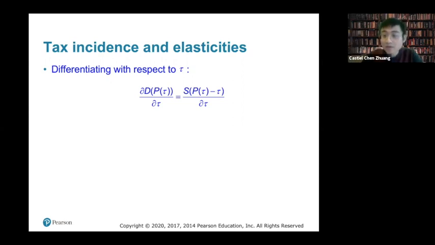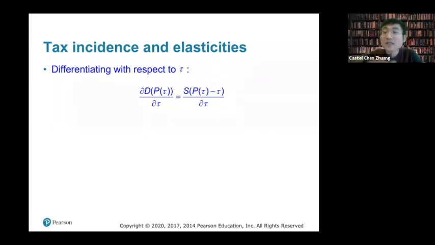So that will be the price received by the producers, so the quantity supplied will be plugging that value into the supply function, and quantity demanded will be plugging the price paid by consumers into the demand function. So you equate these two. After equating these two, you get equilibrium, right?